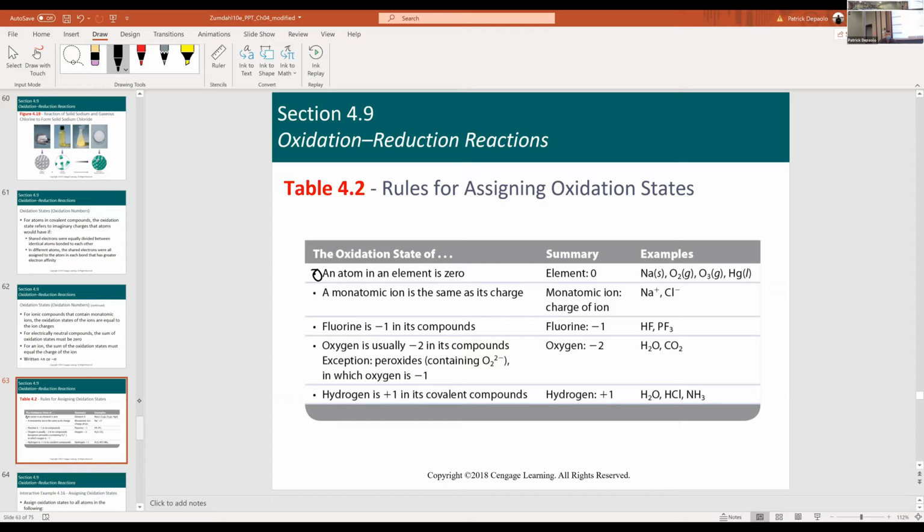But then it gets weird. Oxygen, sulfur, nitrogen, phosphorus, carbon: their oxidation states are variable. They change a lot, because depending on the reaction, it's not clear cut what they do with electrons. Generally you think nonmetals want to gain electrons.